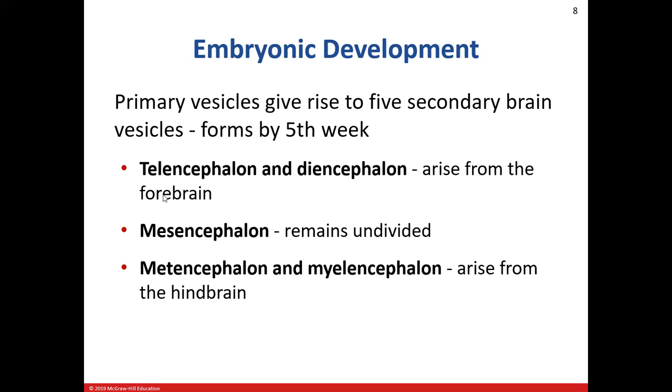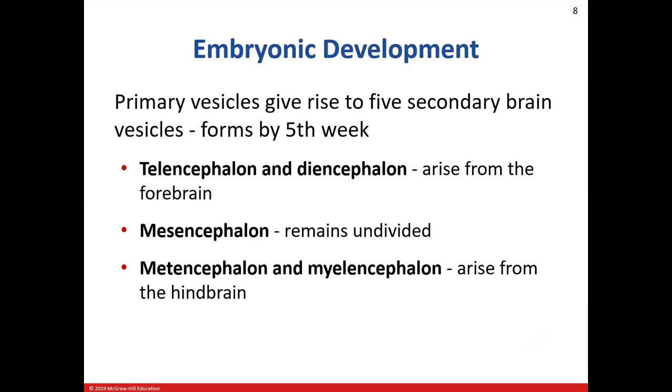Now, if we remember, our forebrain, or the prosencephalon, is going to develop into our telencephalon and our diencephalon. The telencephalon is basically going to be our cerebral hemispheres and our cerebral cortex. Our diencephalon is mostly our thalamic structures. Okay, so our thalamus, our hypothalamus, and the epithalamus.